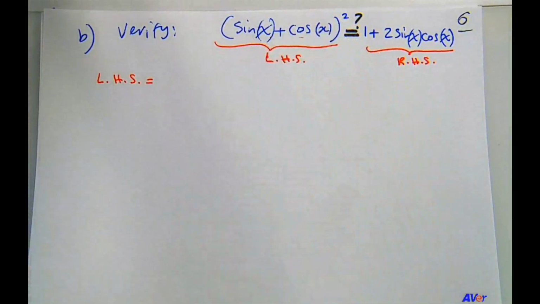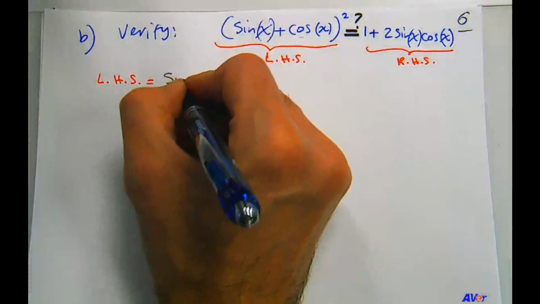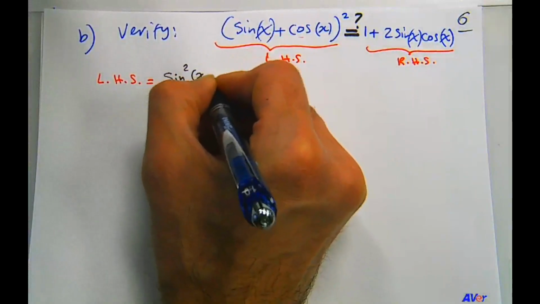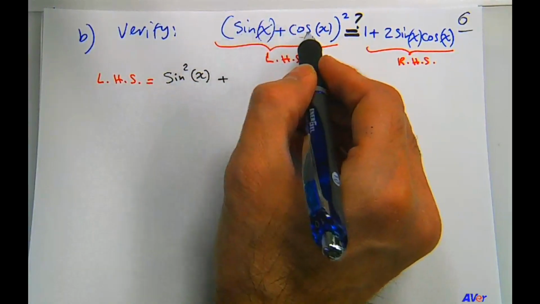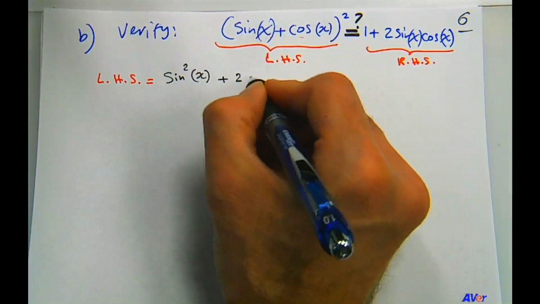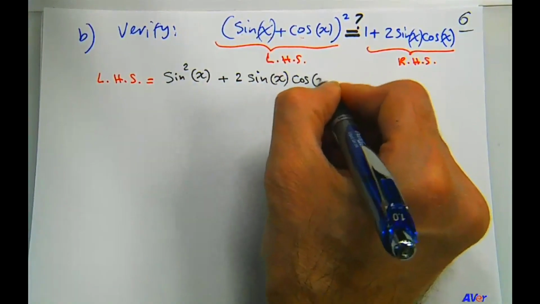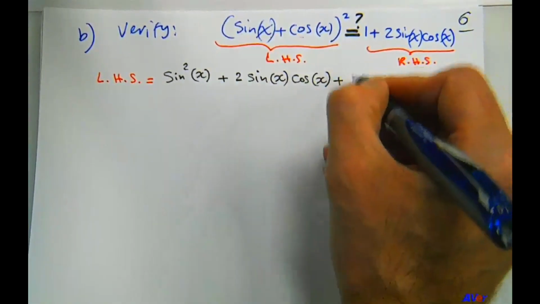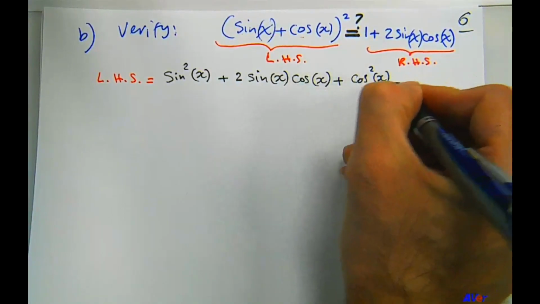We know exactly how to expand these. So sine squared x plus twice sine of x times cosine of x plus cosine squared x.